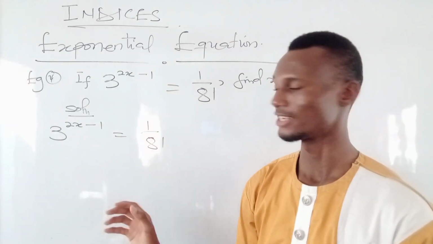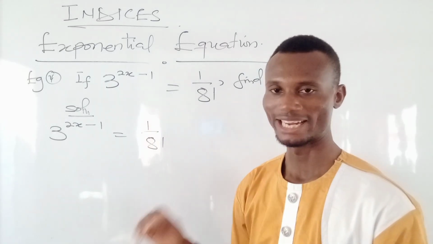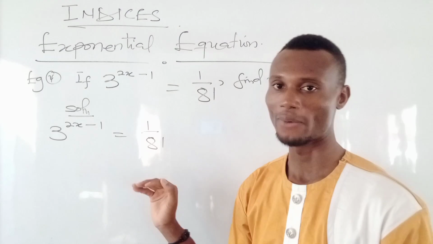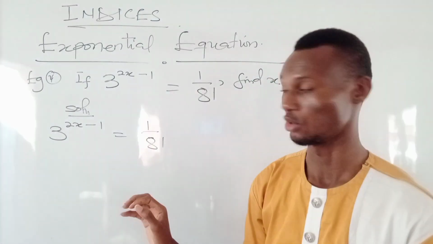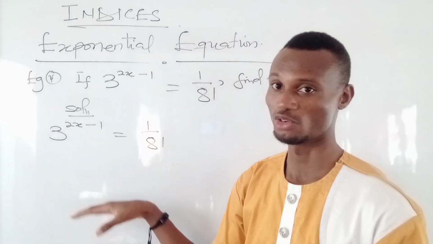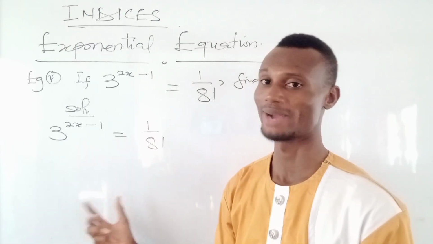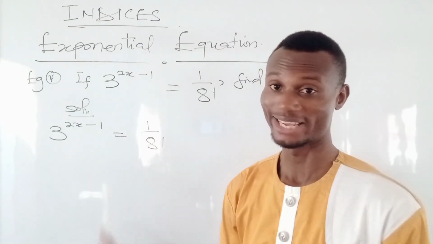The first thing to do is to write this 1 over 81 in another form, so that we don't have a fraction in it. You cannot say that you want to multiply through by the LCM; it will make the work much more complicated for you.